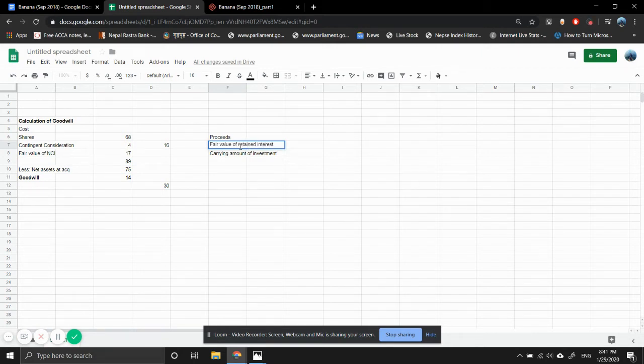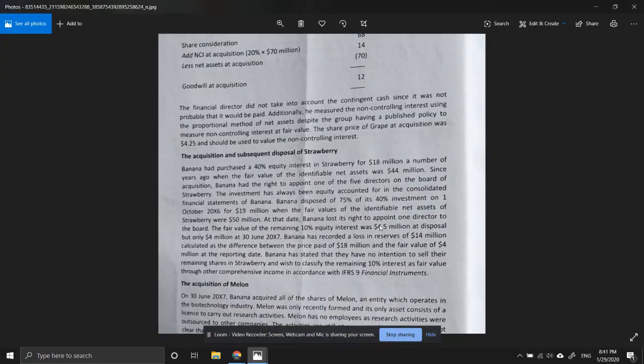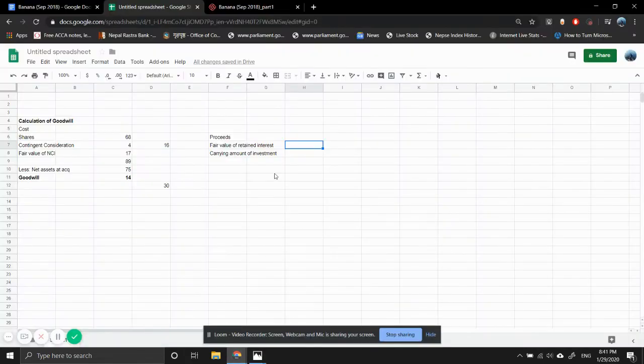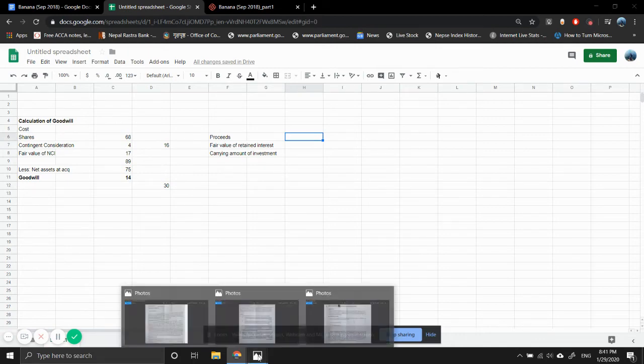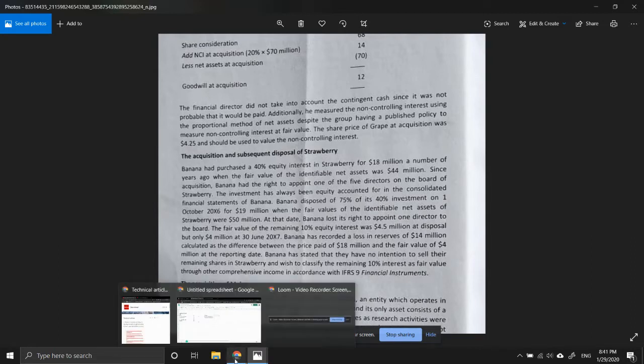Even if the retained interest had been less than its previous amount, we would recognize a gain on revaluation immediately. Since it is a sale, how much did we sell it for? 19 million, and then the retained interest is 4.5.